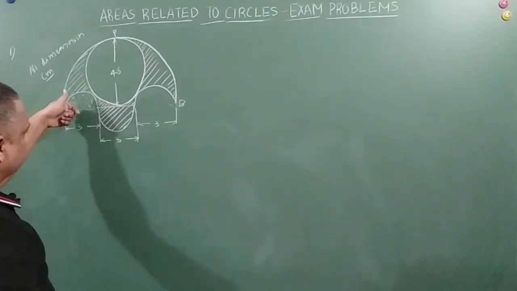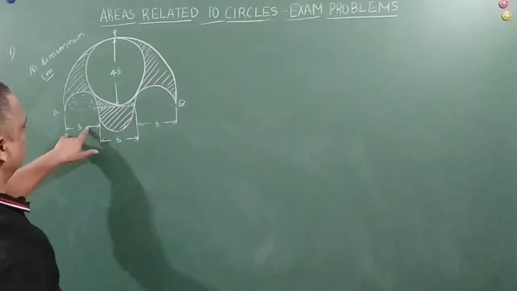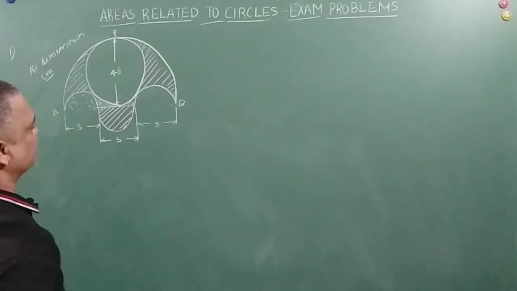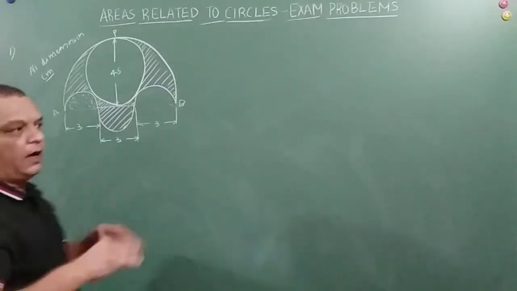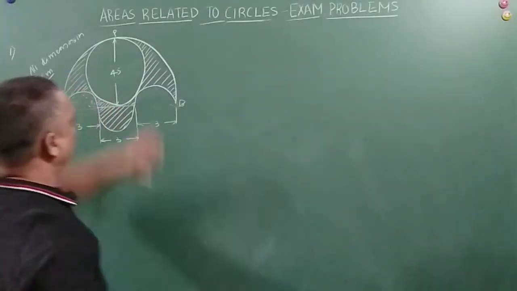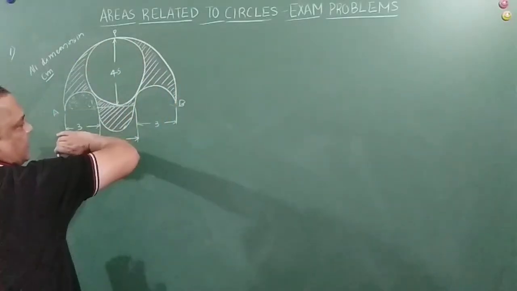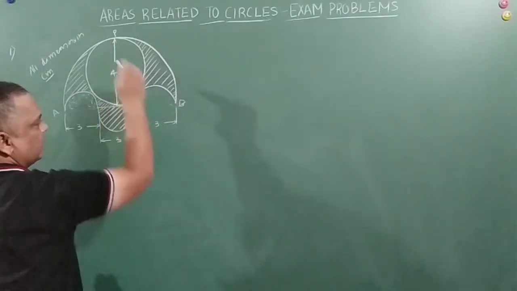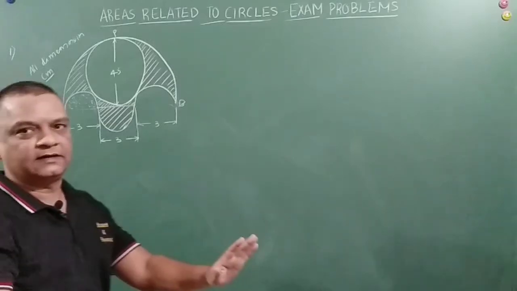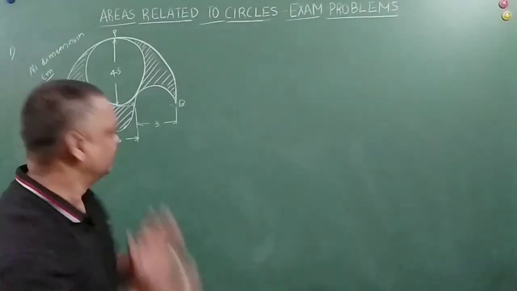If I flip this and fix it here, because the diameter is the same, this will fit in here. So now my equation reduces to: area of the shaded region is equal to area of this semicircle minus area of this circle minus area of this circle. Correct? Got it? Okay. Let's do it.